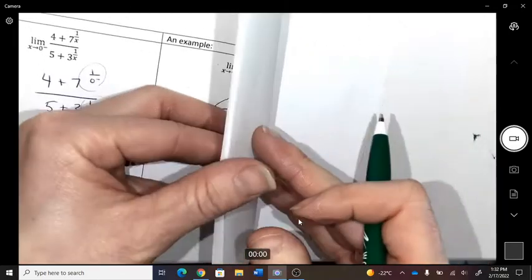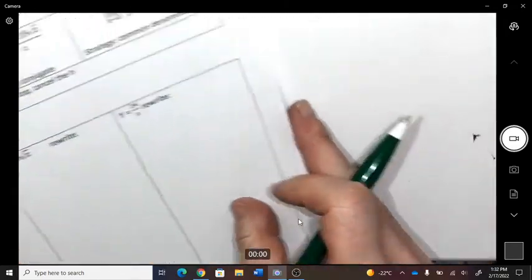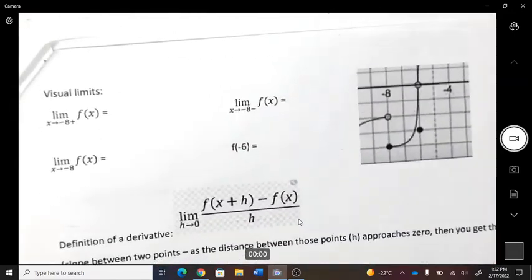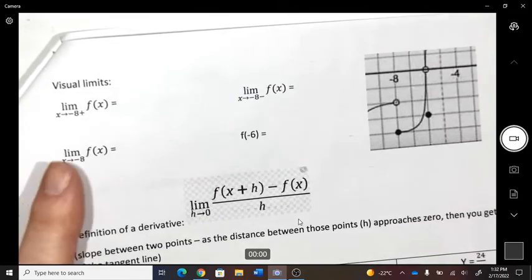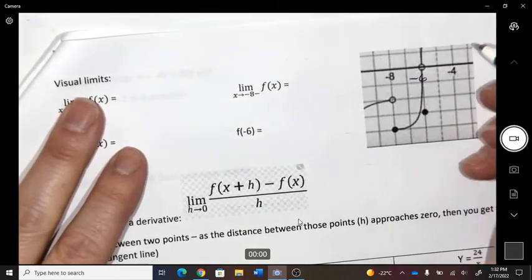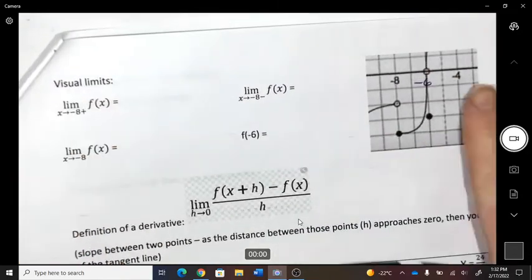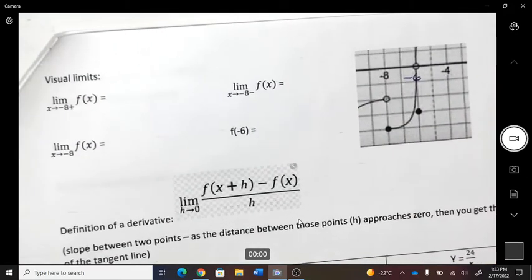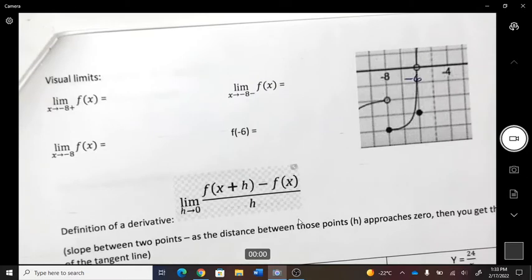Okay, so that's the one chunk of your test. There'll be one question where you have to analyze the visuals. So I just zoomed in on a little chunk here. So that's a negative 4, negative 6, negative 8. I just zoomed in on a partial graph here.